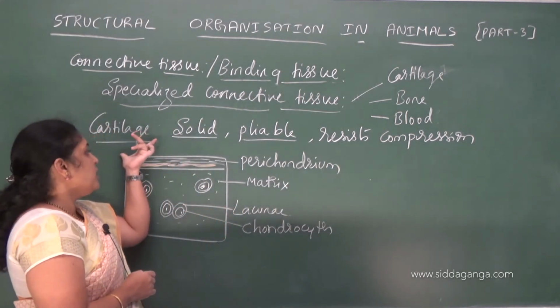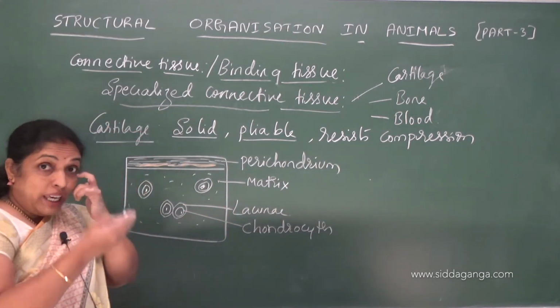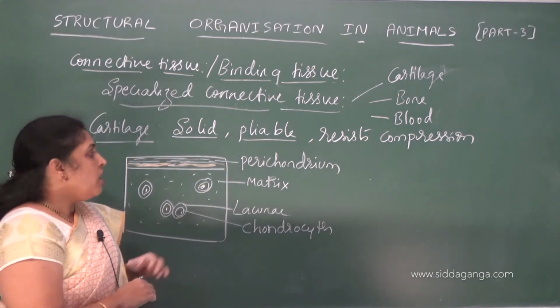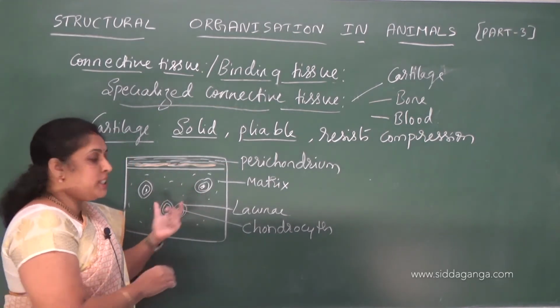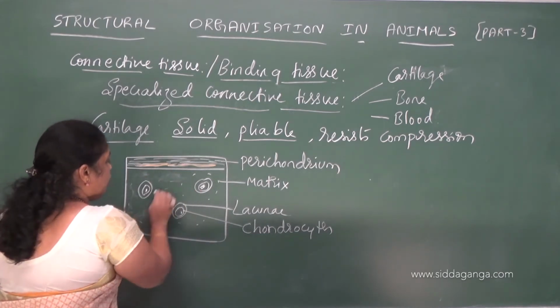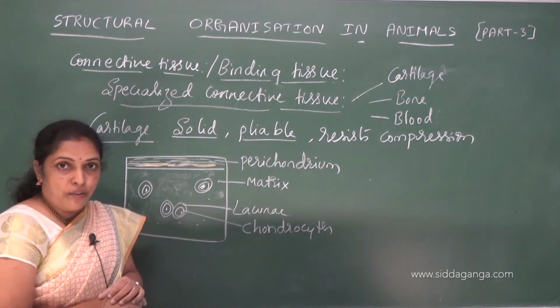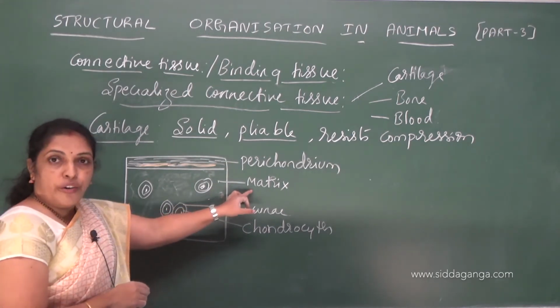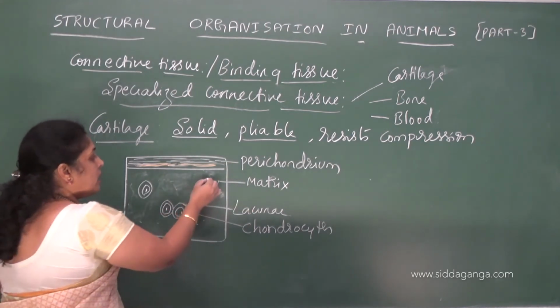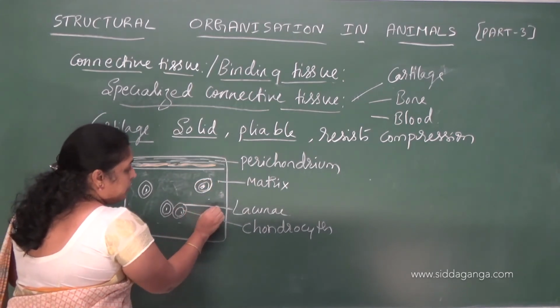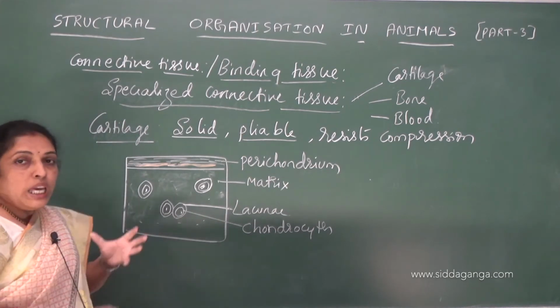When we take a section, the outer layer is called the perichondrium. Inside the perichondrium we see a ground substance called matrix, which is made up of chondroitin sulfate. Inside that matrix we see empty spaces called lacunae.